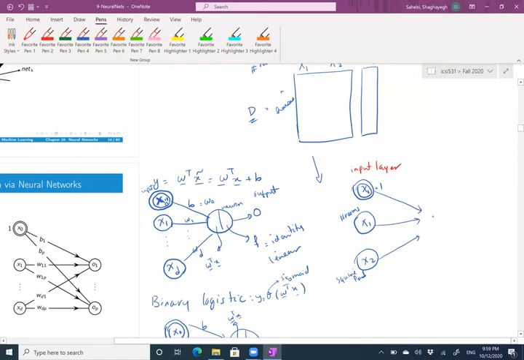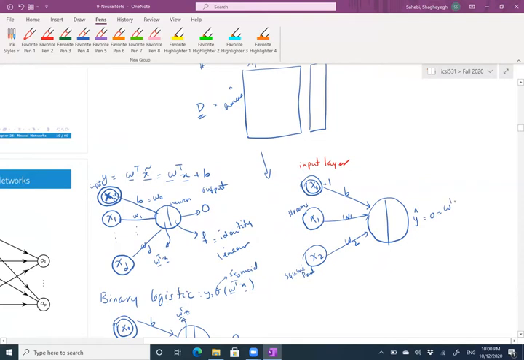And then we are going to have B, W1, W2. And then our y hat is going to be equal to O, which, because F is linear, is going to be W transpose X, or W1 X1 plus W2 X2 plus B, right?